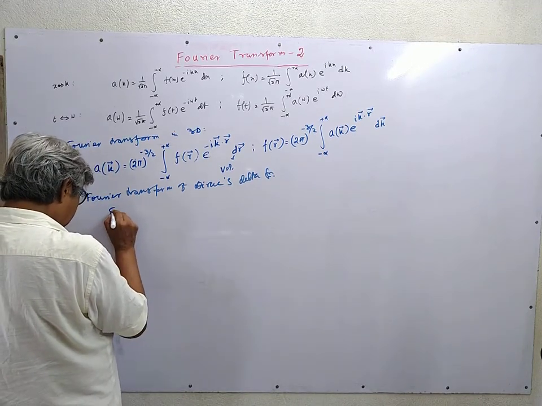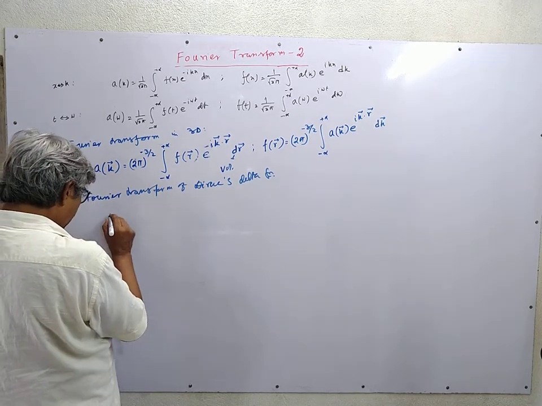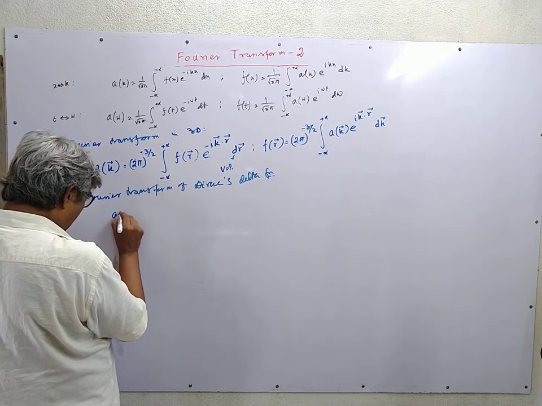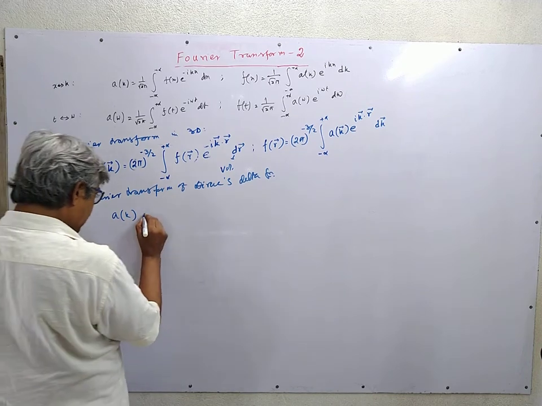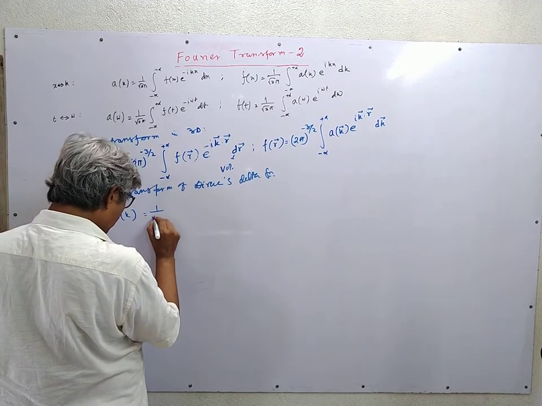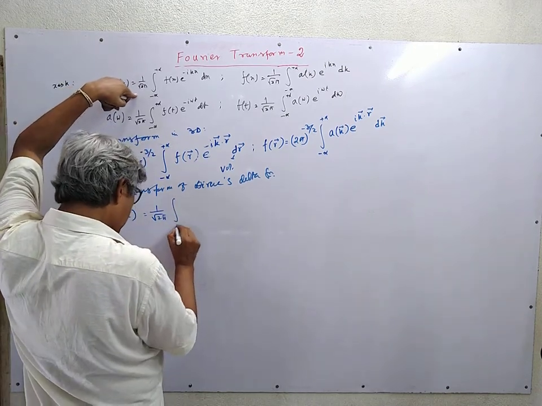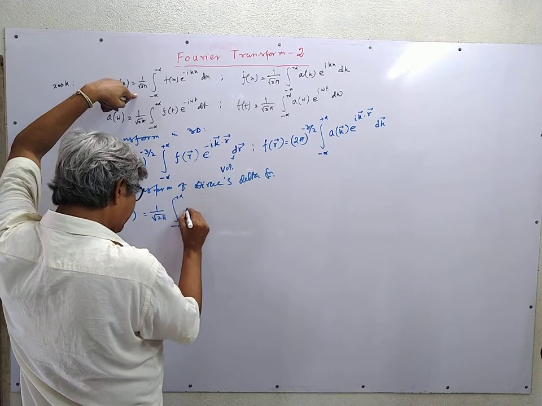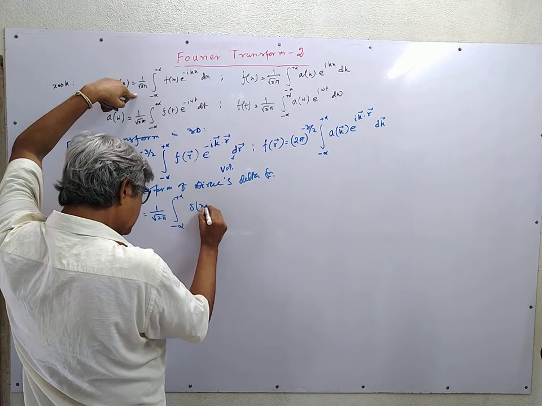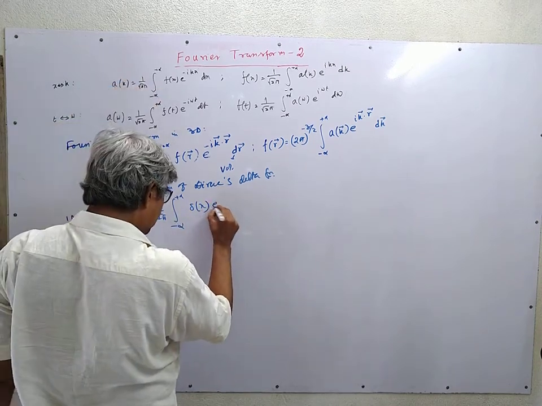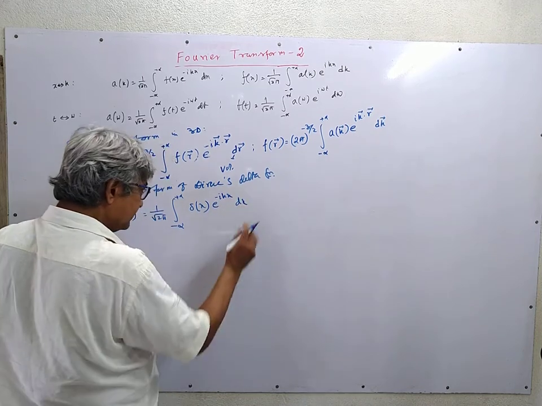So we write delta of x. First we write a of k. It is the one-dimensional case, so it is 1 upon root 2 pi. You know this definition, integral from minus infinity to plus infinity. For f of x we write delta of x, then e to the power minus i kx dx.